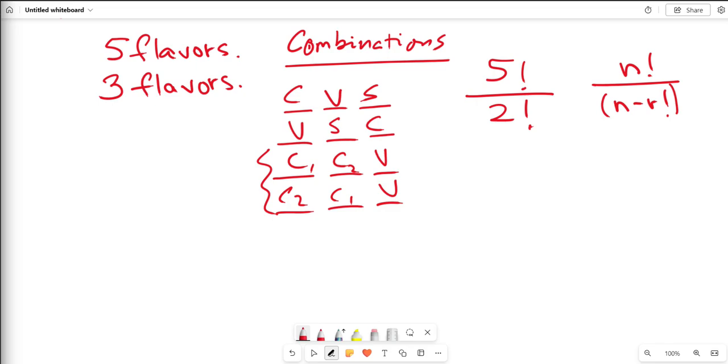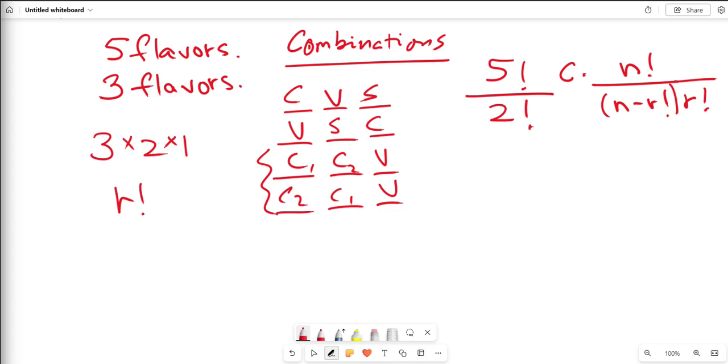So for example, since we are choosing 3 flavors, we're actually going to have 6 repetitions. And I'll leave this as an assignment for you to verify this by actually expanding possibilities and making sure for yourself that there's always r factorial extra possibilities when you do a permutation instead of a combination. That is, the order matters instead of not mattering. So we're going to divide this by r factorial here. And that is basically going to be our formula for a combination.